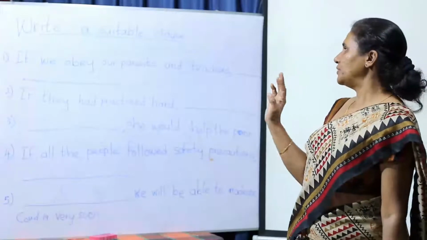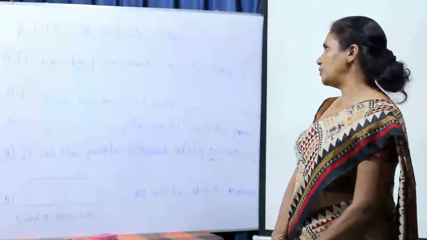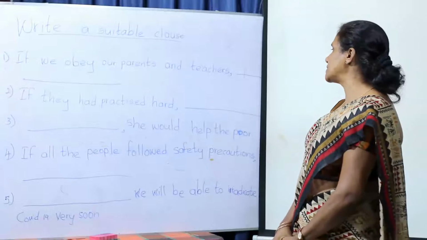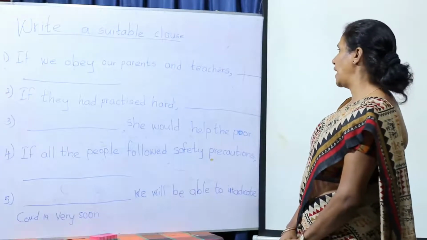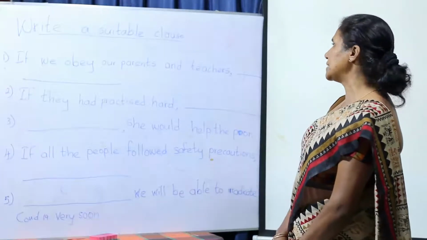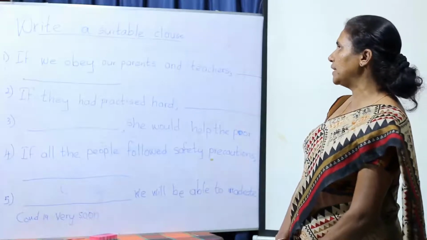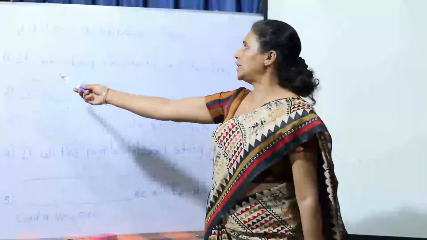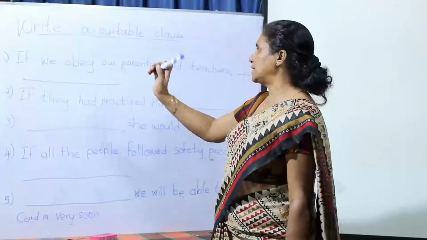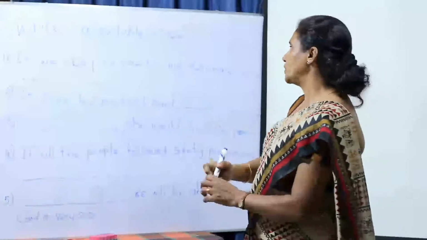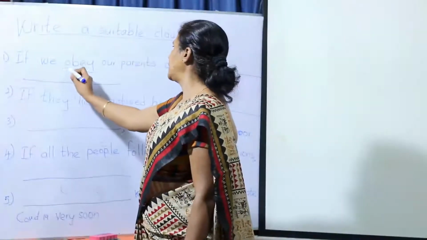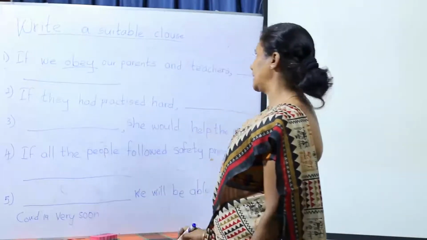Right now, first one is: if we obey our parents and teachers, comma, then the blank is given. So the blank should be here. Now it is very clear, if clause is given. If we obey. So the if clause is in simple present tense.